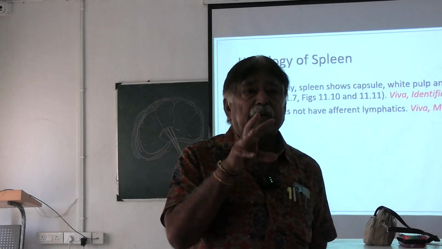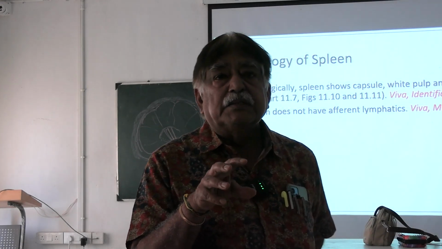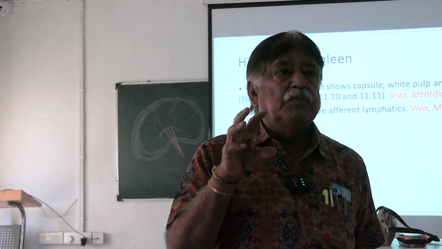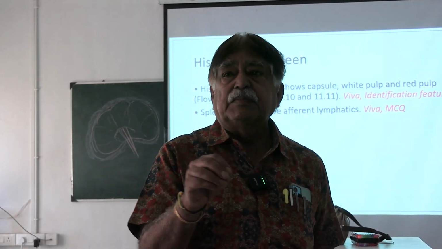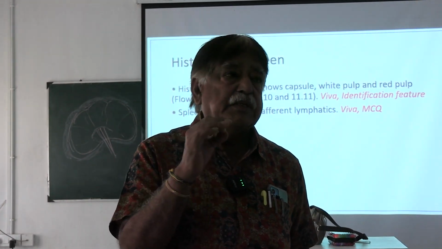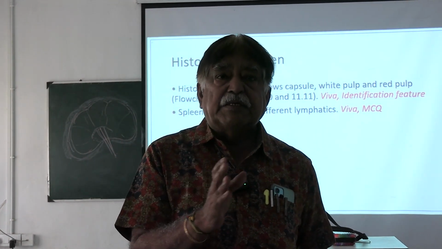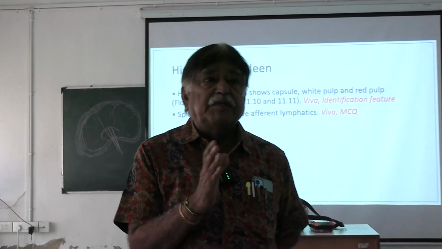In a kidney, you will get glomerulus, ascending tubules, Bowman's capsule. These are the main features which differentiate it from the spleen.